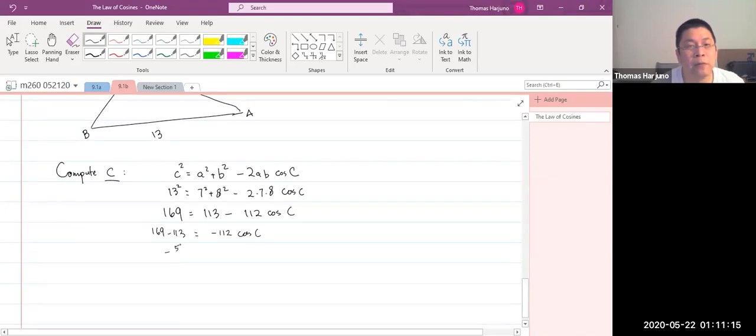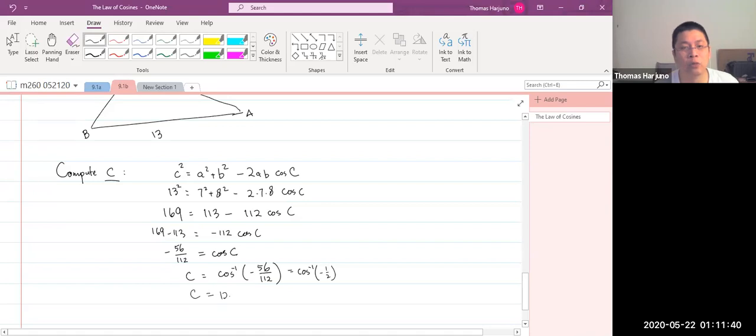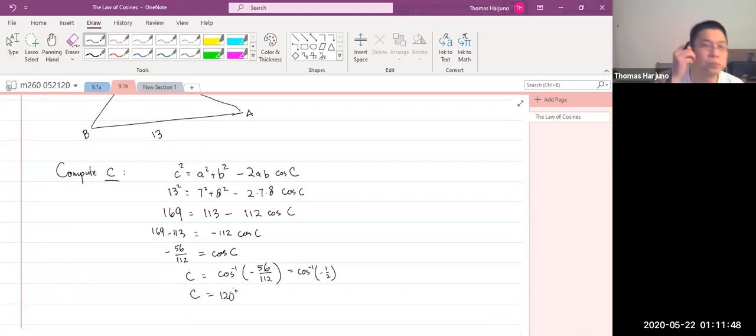So negative 56 over 112 equals cosine C. So C will be cosine inverse of negative 56 over 112. Well, that's cosine inverse of negative 1/2, by the way. So we know C will be 120 degrees. The reference angle is 60 degrees, right? But it is in quadrant 2. So C will be 120 degrees.